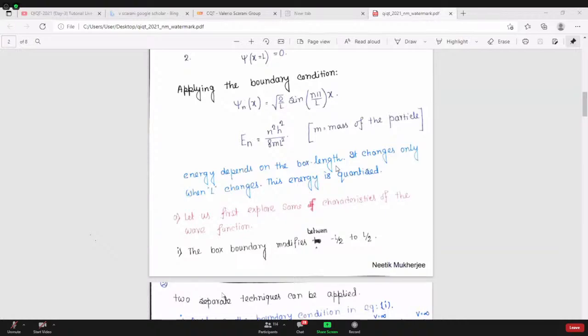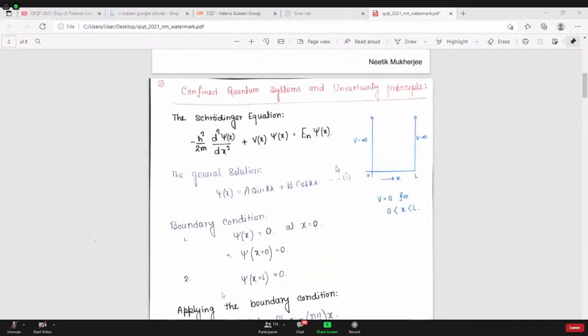So in this case, I can say the simplest model of quantum confinement is a particle in a box without a potential. So imagine that you are putting a gas or something in a vessel and you are applying torrs of pressure onto it. Then what will happen?